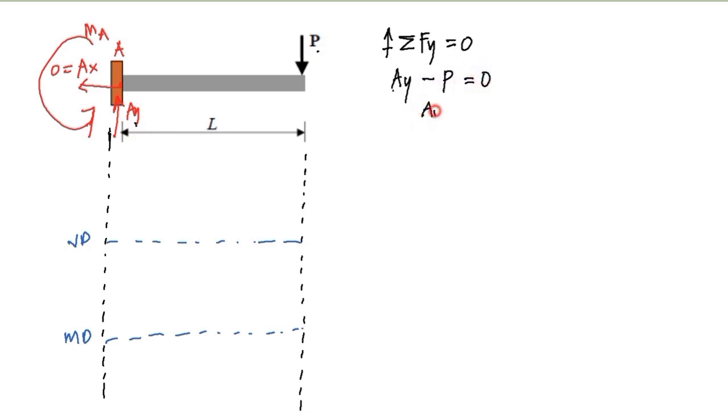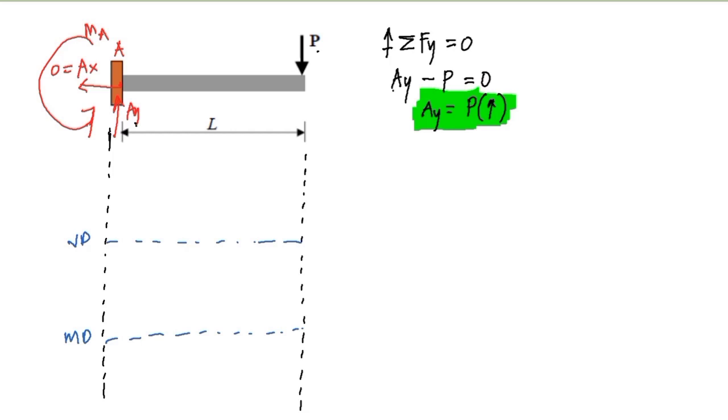So AY is equal to P. This is our answer for the reaction AY. Since the answer is positive, our assumption that AY is directed upward is correct, so it is P directed upward.